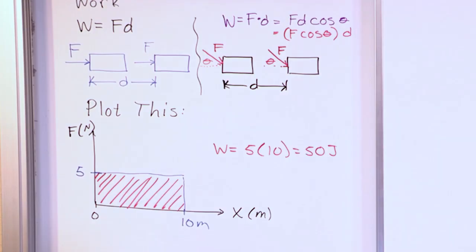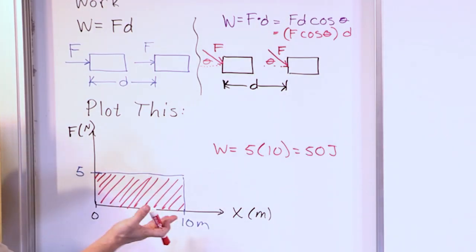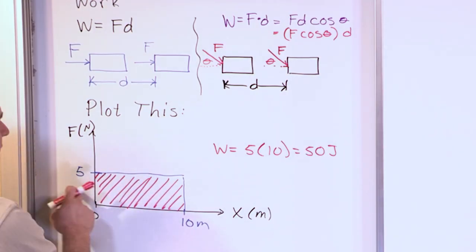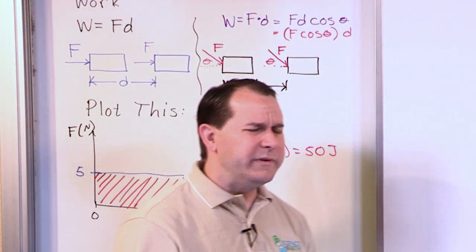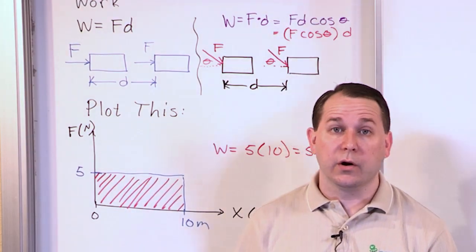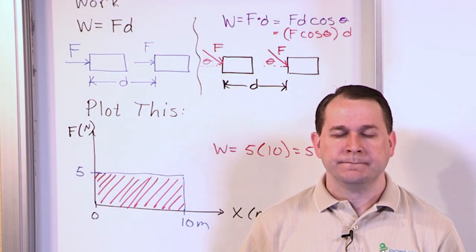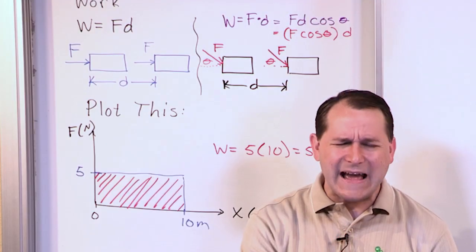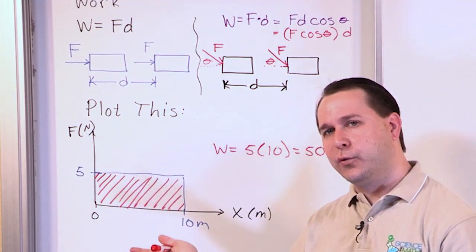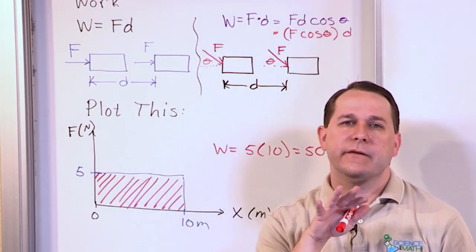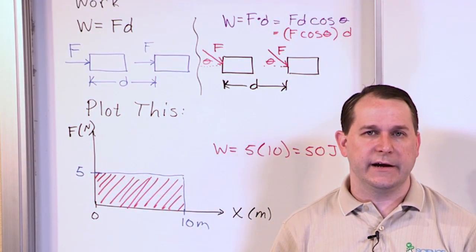Because in general, an area is length times width, so we can easily see that the area under this curve is equal to the work we always care about when we talk about calculating these things. So that is in general what work is equal to. It's equal to the area under this force curve. And that was really easy because the force we pushed was constant in this case.